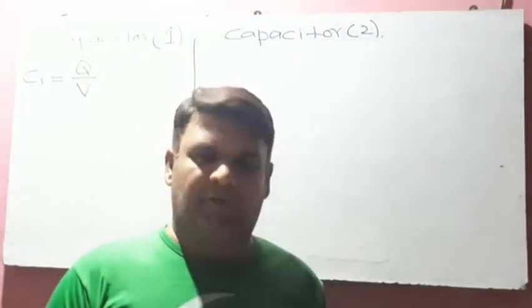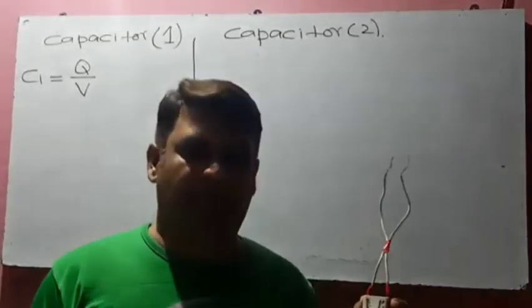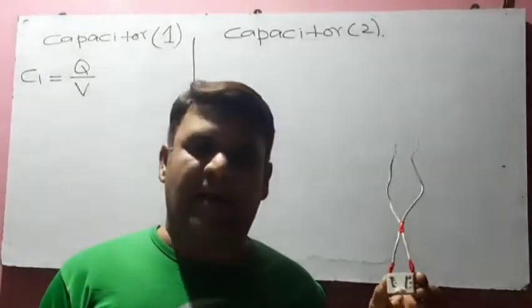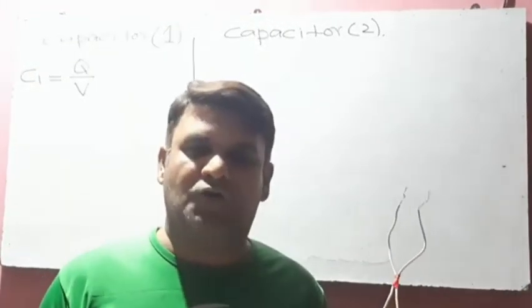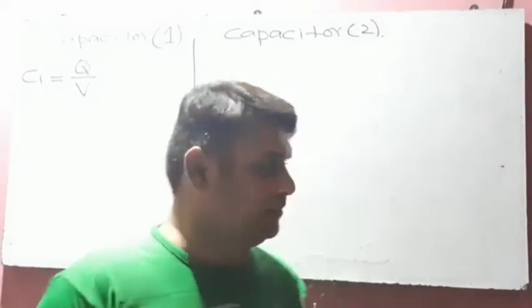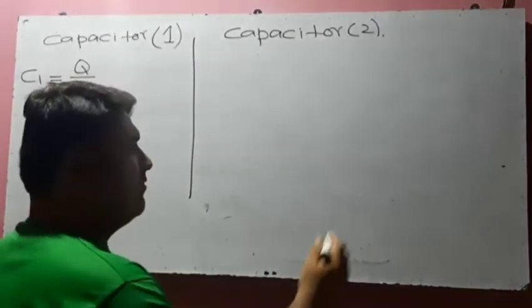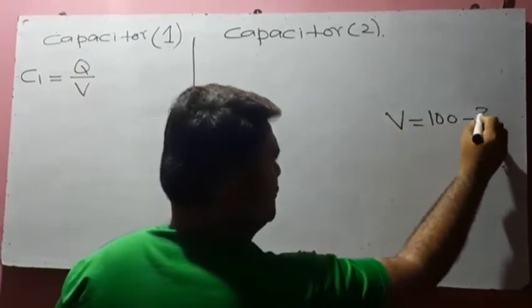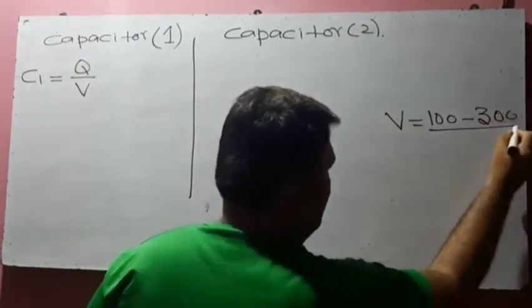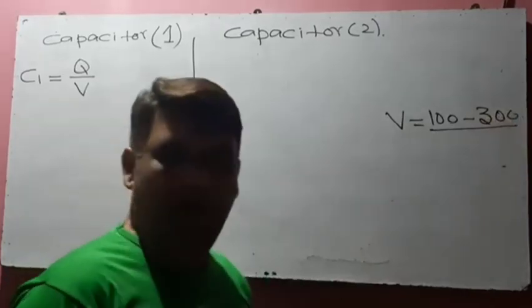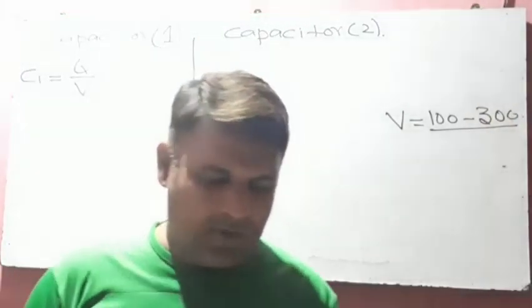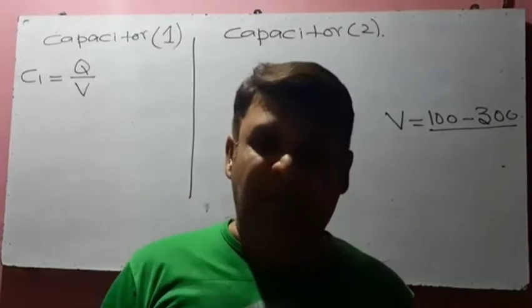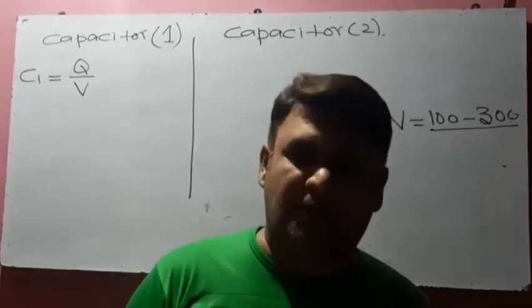Dear students, suppose I have a capacitor and this capacitor can work from 100 to 300 volts. Now I tell you about the capacitance, how the capacitance remains constant.